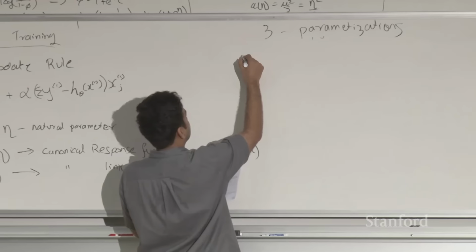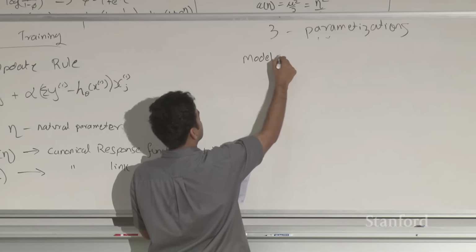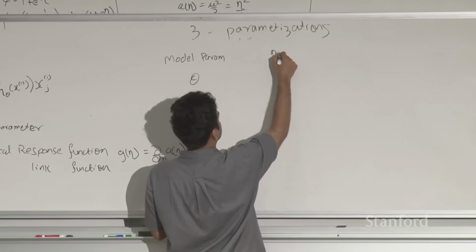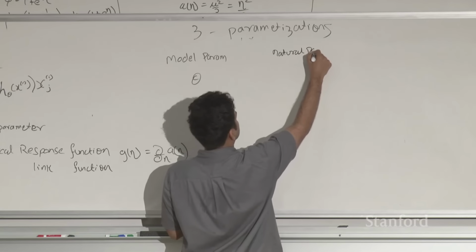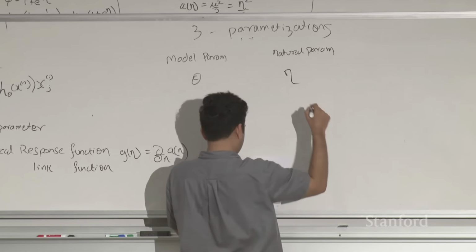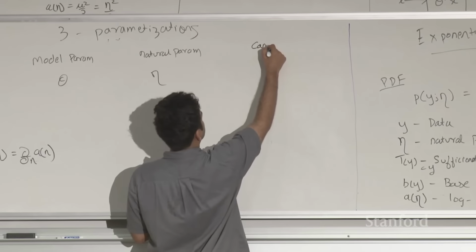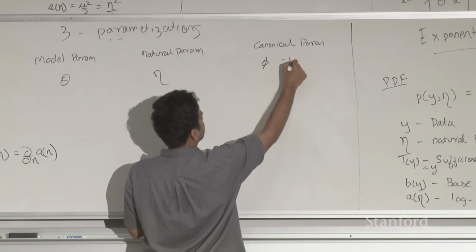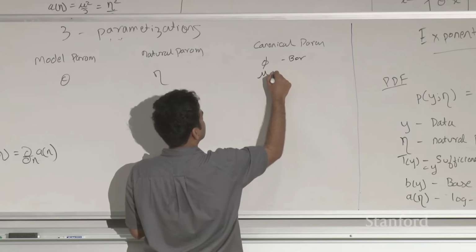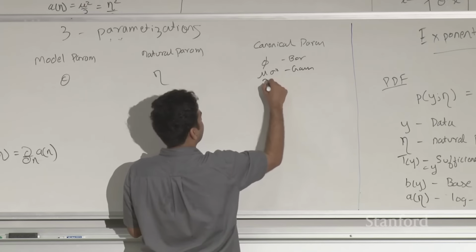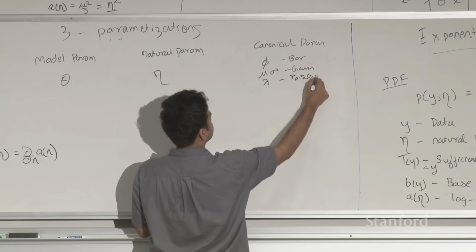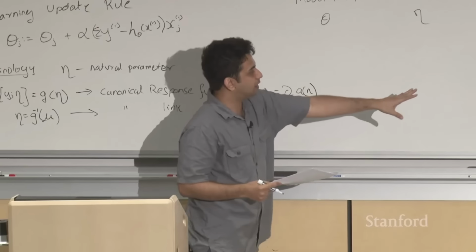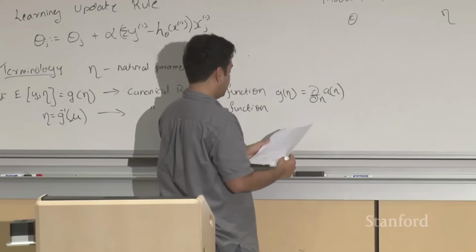We have the model parameters, that's theta, the natural parameters, that's eta, and we have the canonical parameters. This is phi for Bernoulli, mu and sigma squared for Gaussian, lambda for Poisson. So these are three different ways we can parameterize either the exponential family or the GLM.